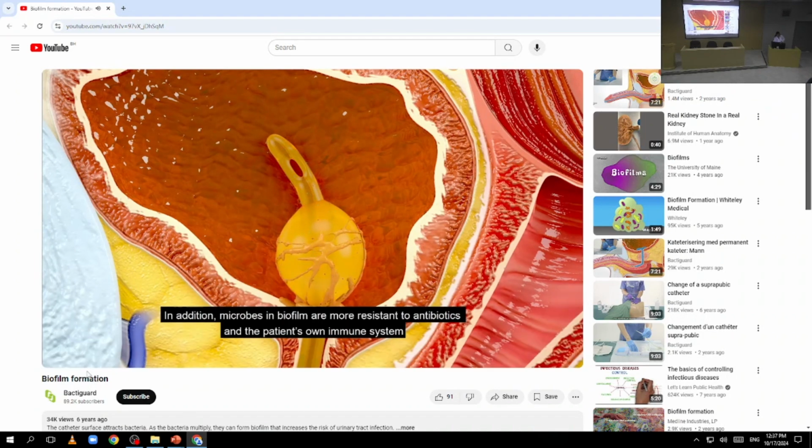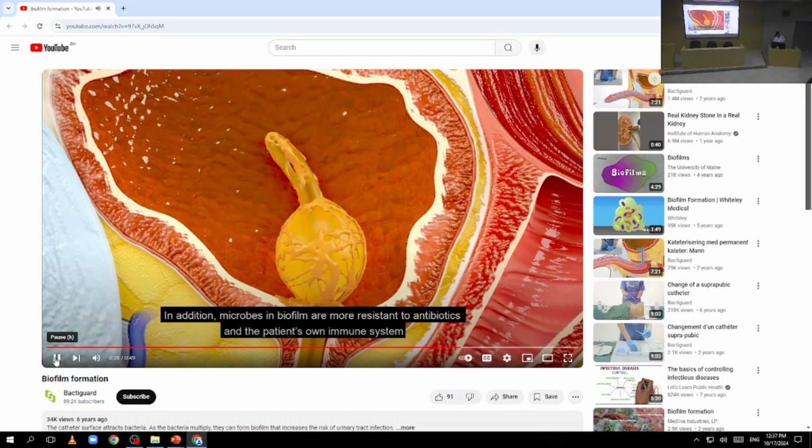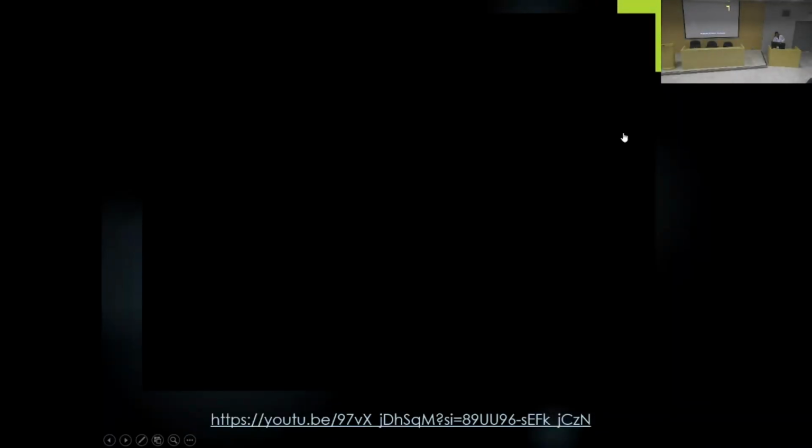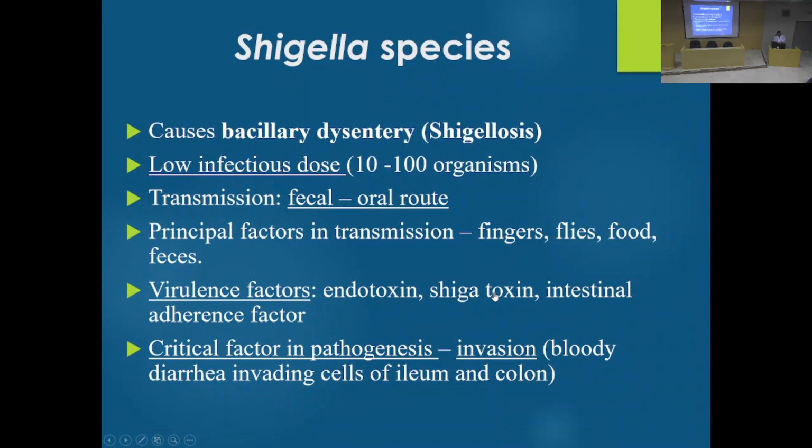In addition, microbes in biofilm are more resistant to antibiotics and the patient's own immune system than microbes not forming biofilm. Okay, so you understood this is how a biofilm is formed. So if a bacteria produces such a biofilm, then it's very difficult for the clinician to treat that particular organism.